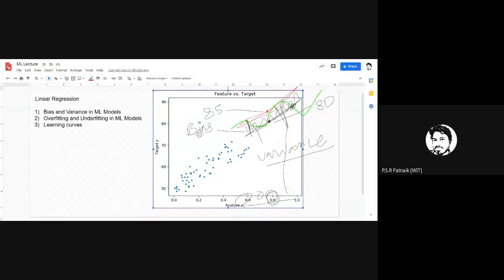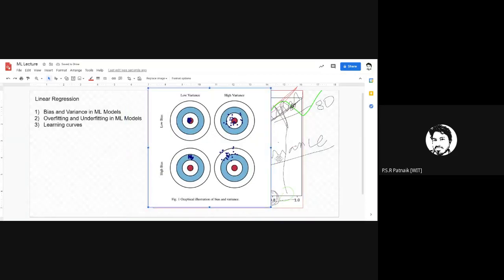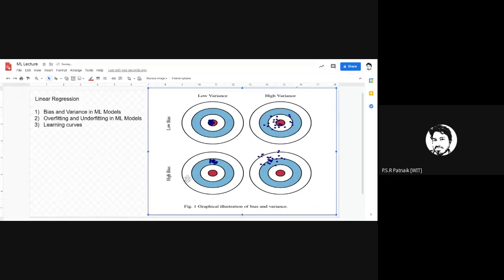Okay, so do you see this image? This is what we call bias and variance plotted in one.